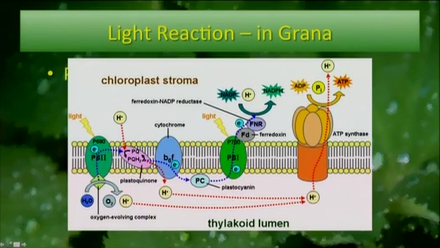So the electrons are passed from one electron acceptor to the next, and when that's happening, that provides energy with which to pump hydrogen ions across the concentration gradient to inside of the thylakoid lumen. That allows the hydrogen ions to diffuse back through an ATP synthase protein enzyme, and that actually makes ATP.